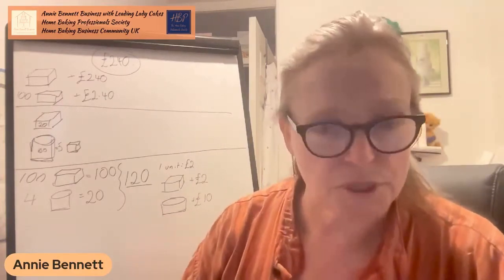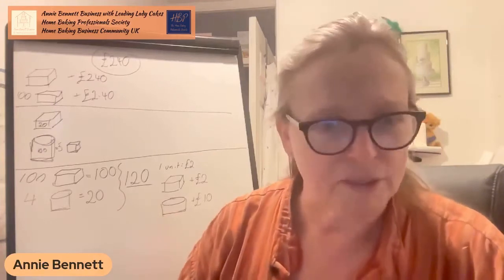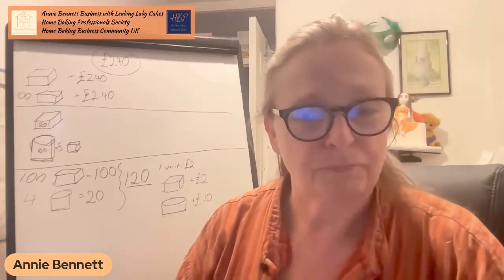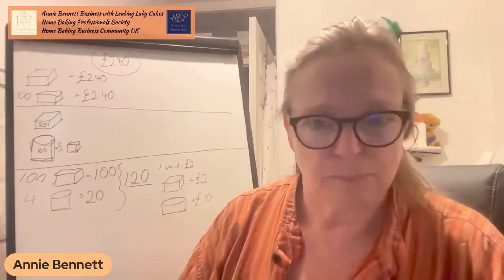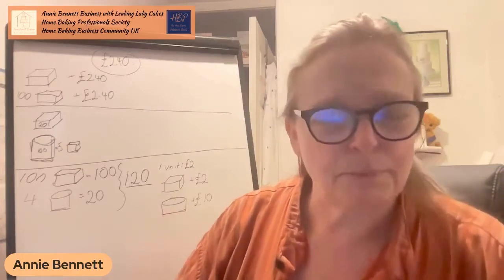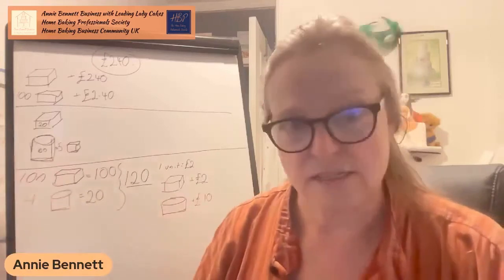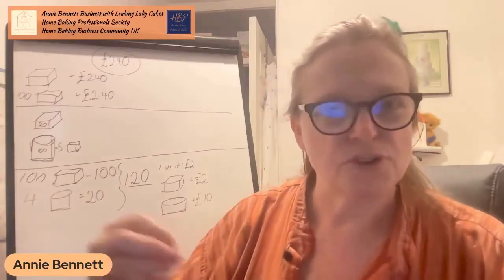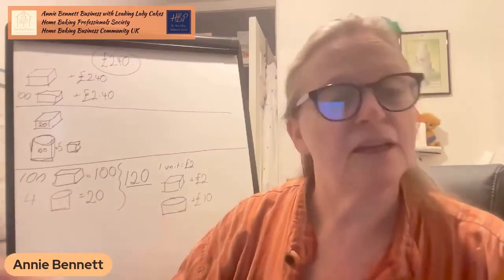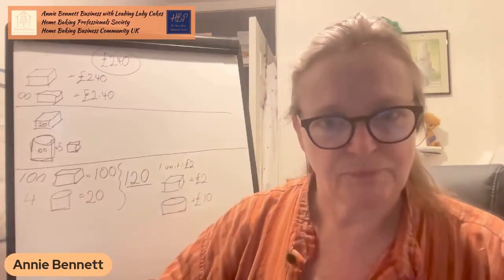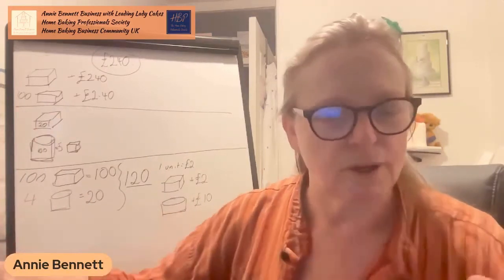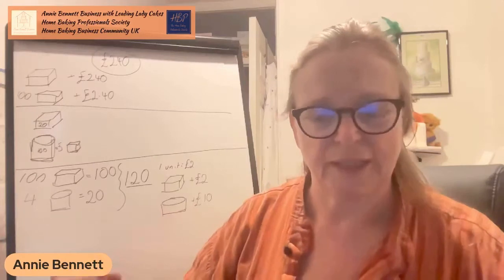Who are the people that I want to buy my things? Where am I going to show them that these are for sale? Okay. What am I going to do? Am I going to put advertising in? You see, I've included advertising in my overheads. So if you're doing some paid advertising, put that in your overheads. Okay. Then it gets paid for over your products. Okay.